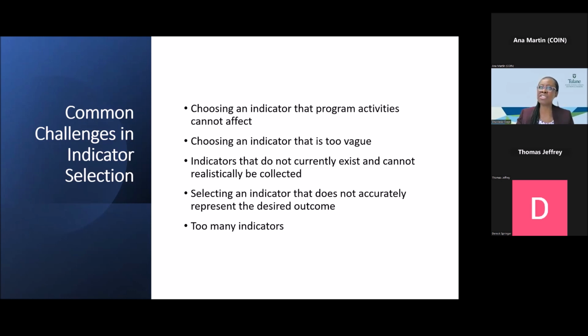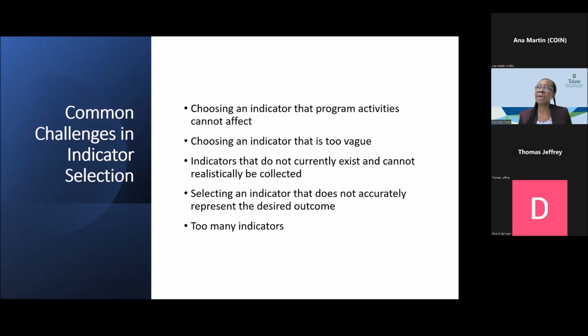That's where the logic model comes into play again, because one would have identified the program activities under processes and think about what exactly will this program activity achieve. So choosing an indicator that is too vague. And so we're talking about using precise words and precise terms and phrases to define indicators, choosing indicators that do not currently exist and cannot realistically be collected.